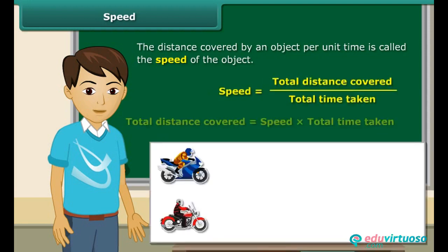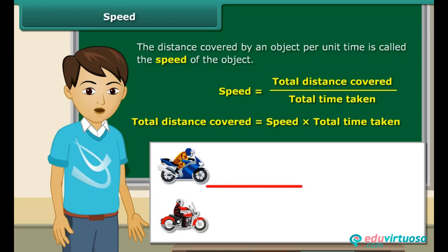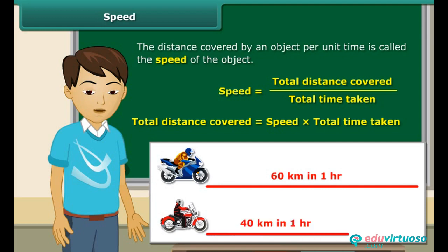Suppose your brother claims that his motorbike is faster than his friend's. His friend denies. You know that your brother's motorbike covers a distance of 60 kilometers in an hour, whereas his friend's bike covers 40 kilometers in 1 hour. Let us now check the claims of your brother and his friend.